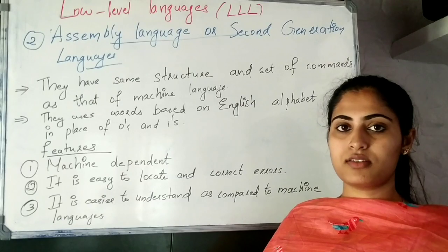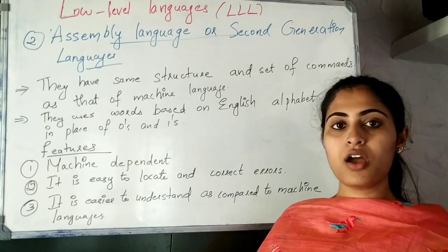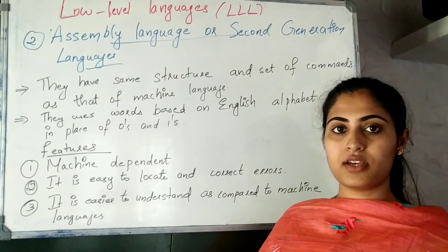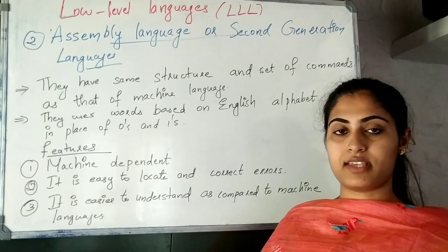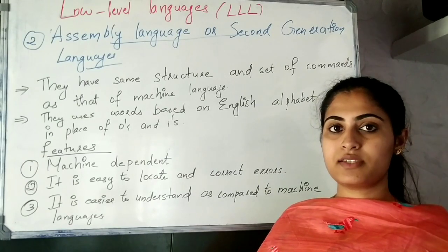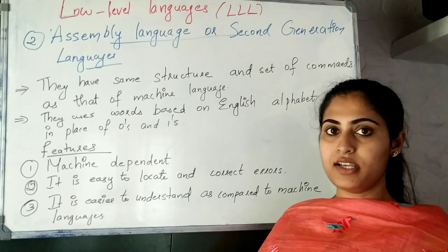So this is about assembly language, and this is all about low level language. Low level languages are divided into two types: first one is machine language and second one is assembly language. And we saw the features of both.